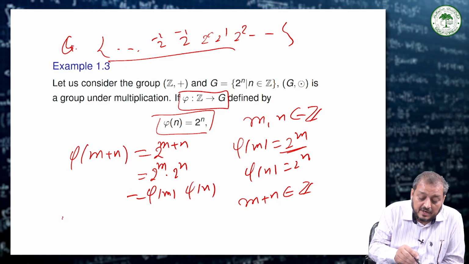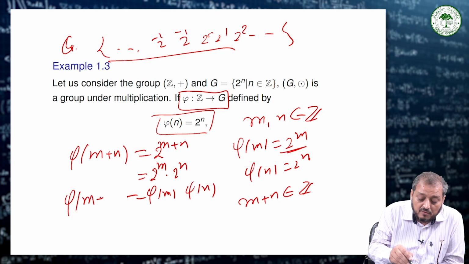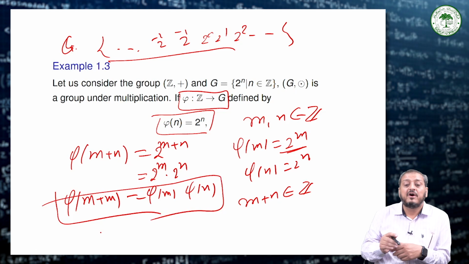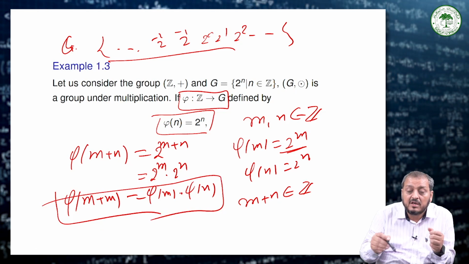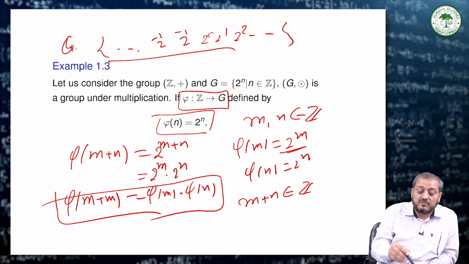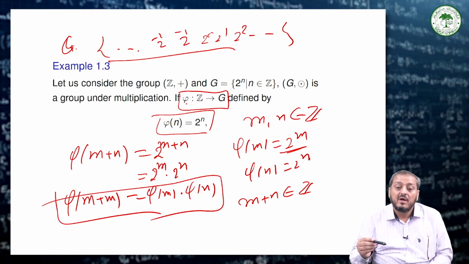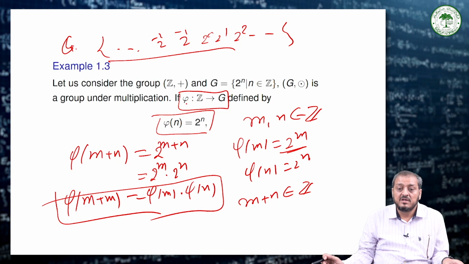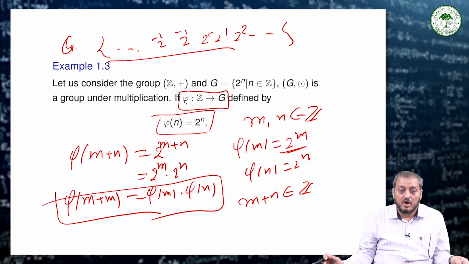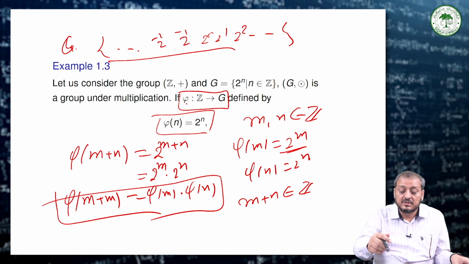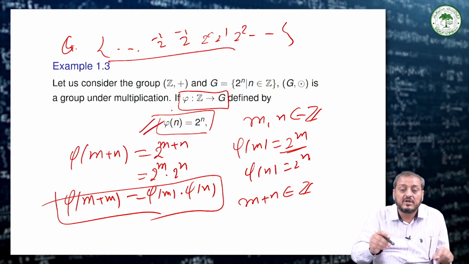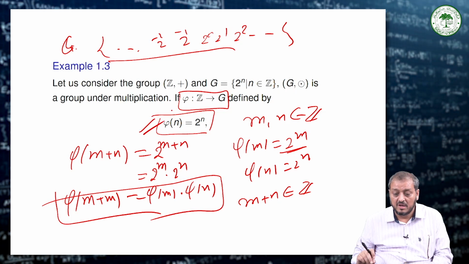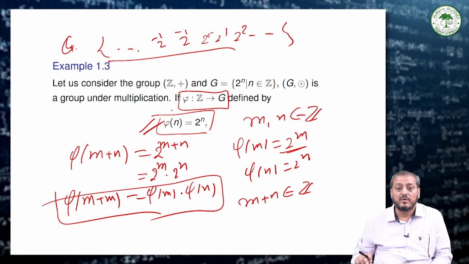That means phi of m plus n is equal to phi of m times phi of n under multiplication. So this is again preserving. This means clearly the map defined from Z to G is a homomorphism. This is one example where we say clearly it is a homomorphism.